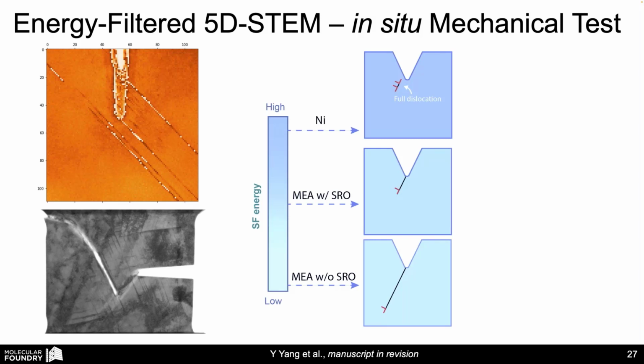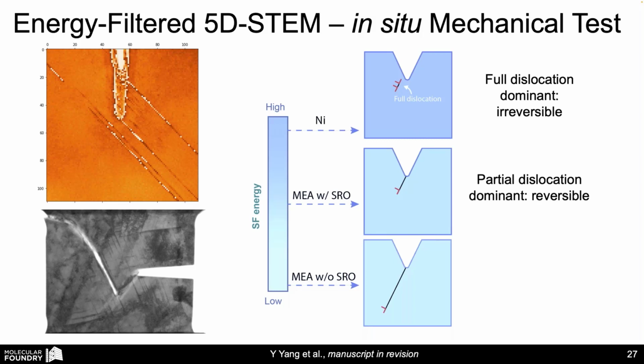So pure nickel, for example, with a very high stacking fault energy, the mechanical defects that are introduced here are full dislocations, and it's essentially an irreversible process. But if you look at medium entropy alloys, at least initially after the first few cycles of load here, the primary plastic deformation mode is injection of partial dislocations, which is essentially reversible.